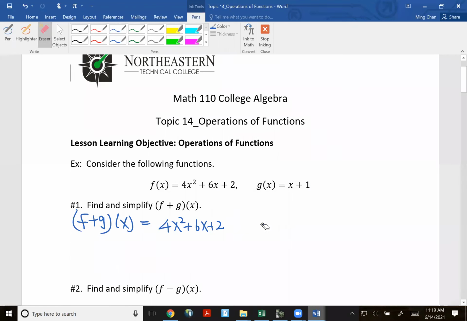So this parenthesis is really not necessary. All right, combine like terms. 4x squared has no one to combine with, so still 4x squared. 6x plus 1x is 7x. 2 plus 1 is positive 3. So this is my new function after I combine f and g together.